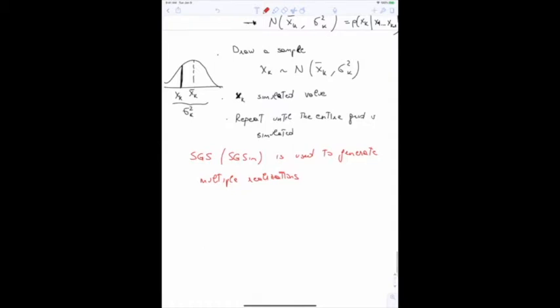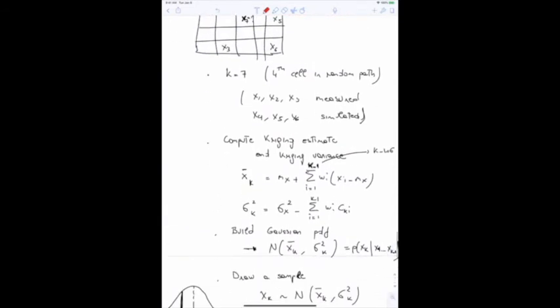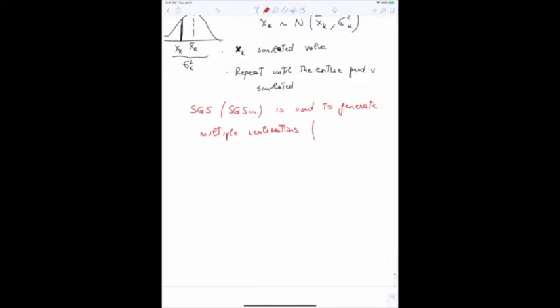The generation of multiple realizations is obtained by taking different random paths. So every time you follow a different random path in the grid, you visit the cells in a different order, and this gives you the variability that you need.